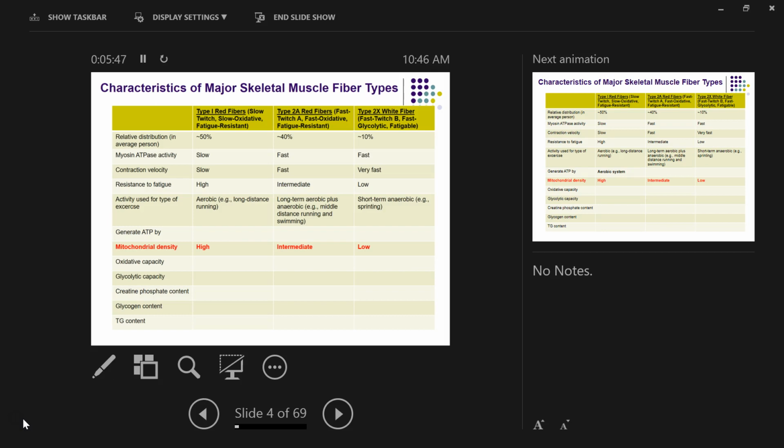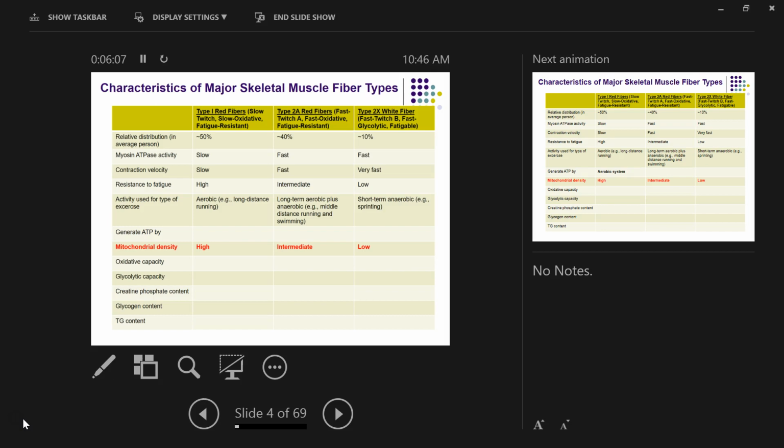And type 2A fibers are intermediate, right? They have an intermediate amount of mitochondria. So once you remember this, it will be very easy to remember the other things. Let me just go through from the top to bottom.